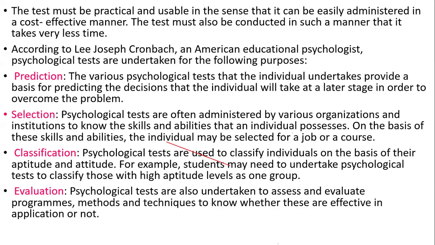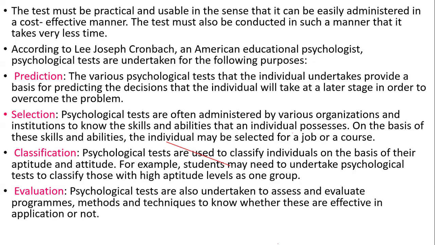Prediction means to predict. Yes, read that. The various psychological tests that the individual undertakes provide a basis for predicting the decisions that the individual will take at a later stage in order to overcome the problem.